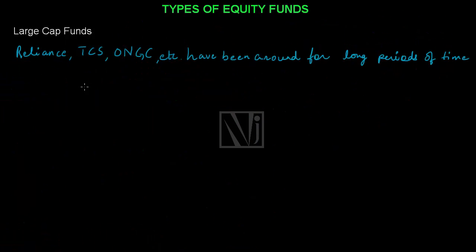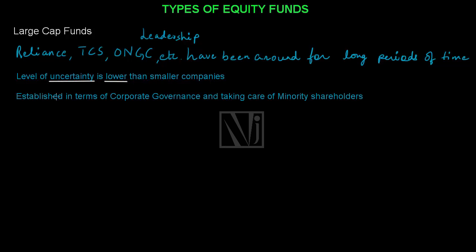Companies like Reliance, TCS, ONGC, etc. These companies have been around for long periods of time. These are large companies and are having leadership position in the businesses in which they operate. The level of uncertainty in these companies is lower than smaller companies. Further, the large cap stocks are well established in terms of their corporate governance and taking care of their minority shareholders.